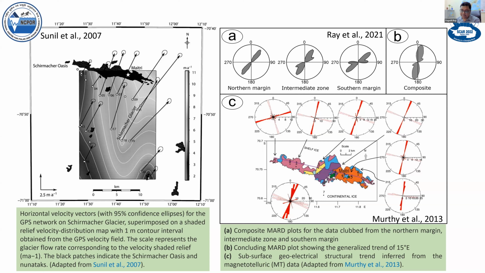Recently, it has been demonstrated by Burton and Johnson that geothermal heat flow released to the Earth's surface by convection or conduction in the crust accelerates the basal melting of glaciers and ice sheets. As estimated earlier, the thickness of the crust varies from 10 to 20 kilometers from west to east of the Schirmacher Oasis.